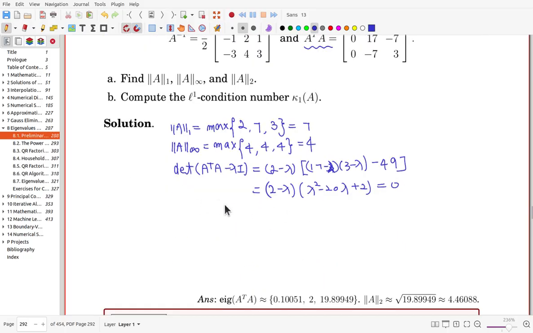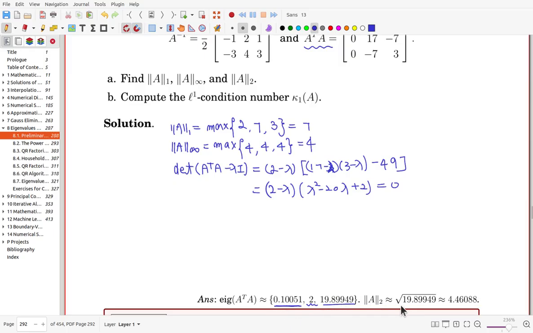Now, if you solve this equation, by using the quadratic formula, you'll get these 2 roots, that one and this one. And the largest one is apparently that one.